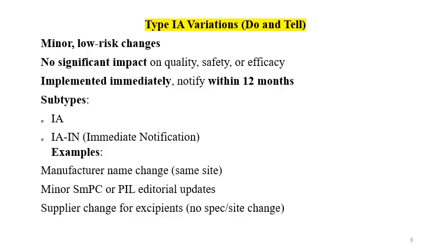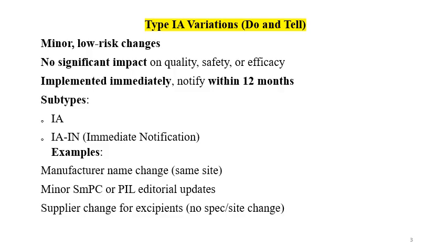These are minor variations. Low risk changes are made which are minor in nature and have no significant impact on the quality, safety and efficacy of the product. These can be implemented immediately and notified within 12 months.